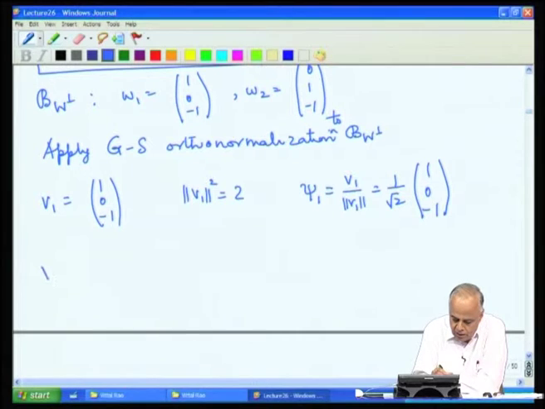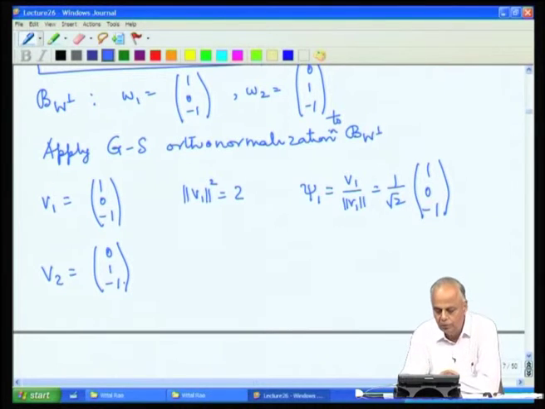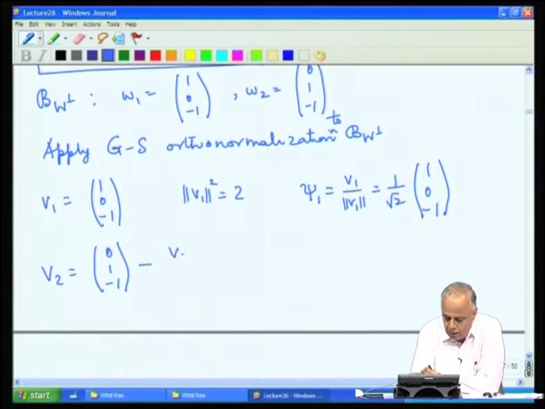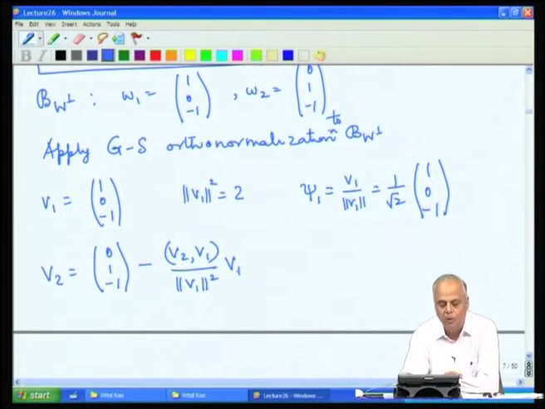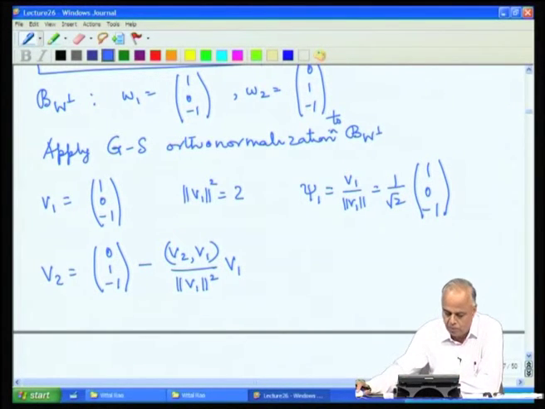In order to get the second vector, we start with the second vector in the basis BW perp, which is W 2, that is 0 1 minus 1. We start with that vector and then subtract the dot product of V 2 with V 1, divided by the norm of V 1 squared, multiplied by V 1. This is the first step of orthogonalization in the Gram-Schmidt process.